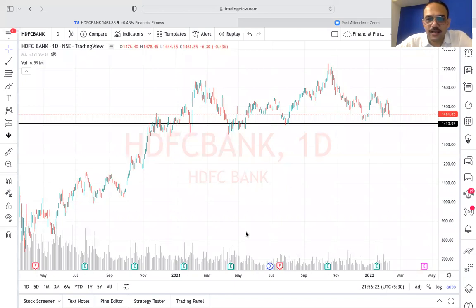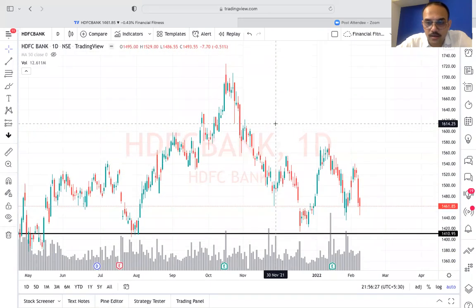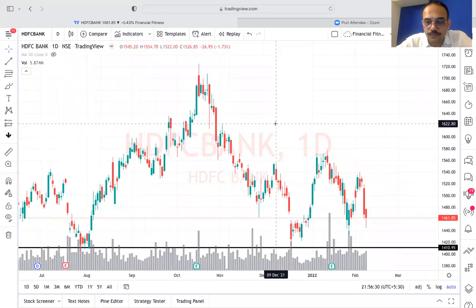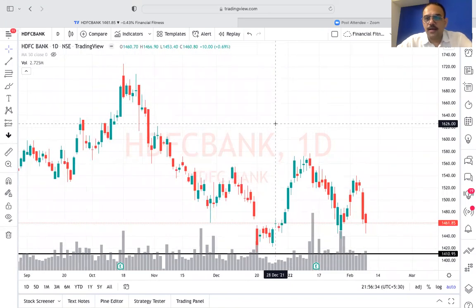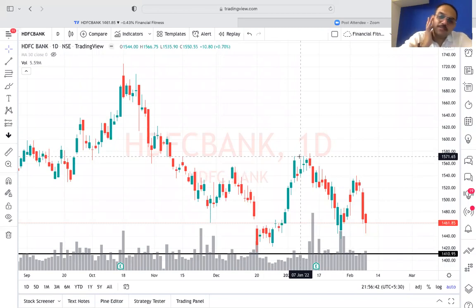Sir, can you focus on the volumes in the downside while the price is going up and coming down? That time, what would be the behavior of the volume? See, your chart is showing only gray color. Deliberately I have made it gray color, because TradingView has a feature of giving green and red, but that's how people will get the essence of the volume.